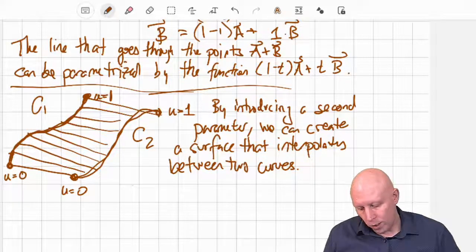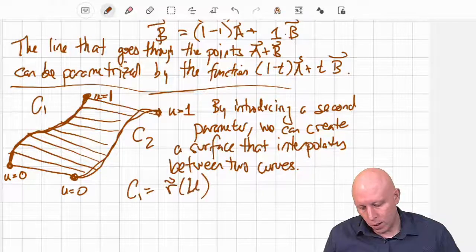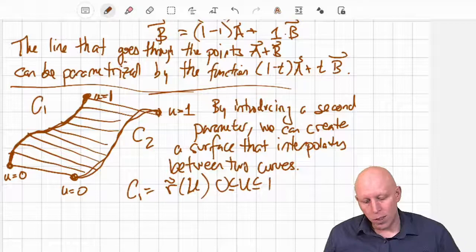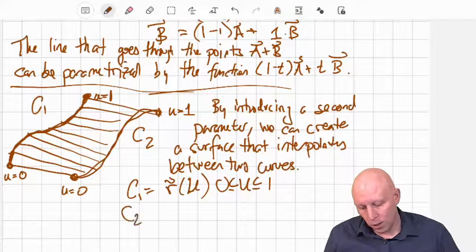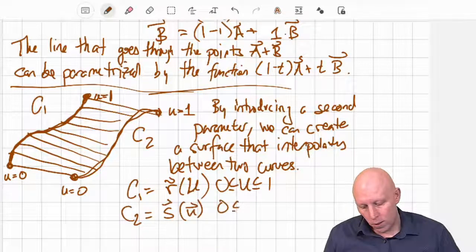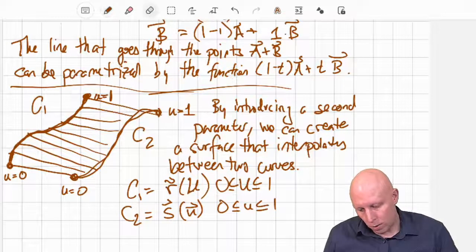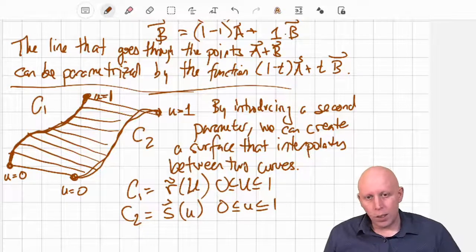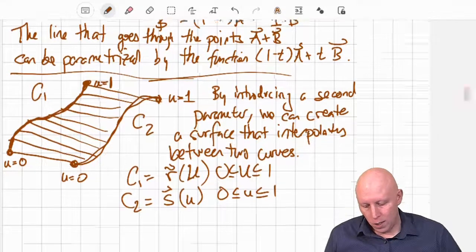And so, for example, if C1 is equal to R of u, where u is between two endpoints, which are the same for the second curve, maybe that's S of u for u between 0 and 1. u is just a one-dimensional parameter.